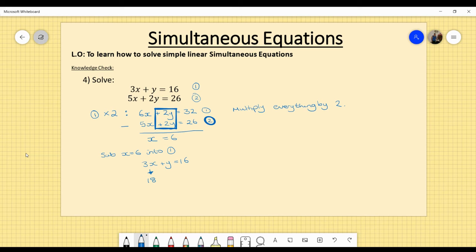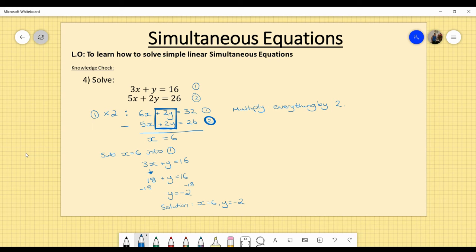That gives me 18. Plus y equals 16. And therefore, if I subtract 18 from both sides, I end up with y is equal to negative 2. So my solutions at the end are x equals 6 when y equals minus 2.